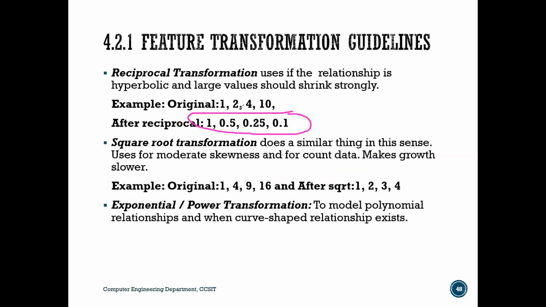Square root means I need to take the square root of all. I have the original data 1, 4, 9, 16, and after taking the square root I get this. Exponential, we can use powers also for a curve shape relationship if there is one. So we can take the exponential also. These types of transformation we can use if we want to transform the data.